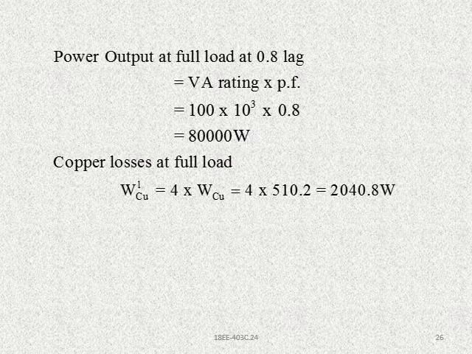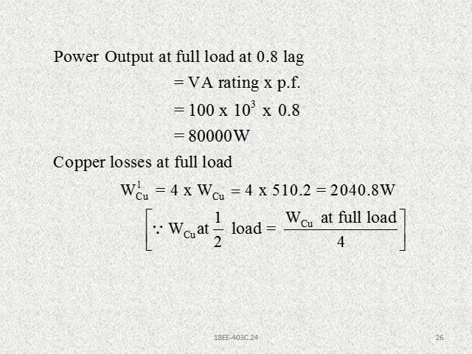Now if it is for full load, we need to multiply by 4, since that was for half load. So WCU is equal to 4 into 510.2, that gets 2040.8 watts. That's for full load.